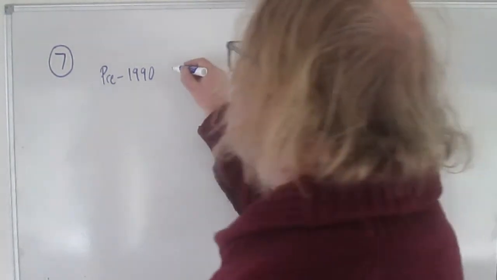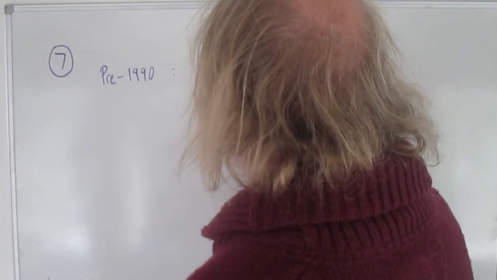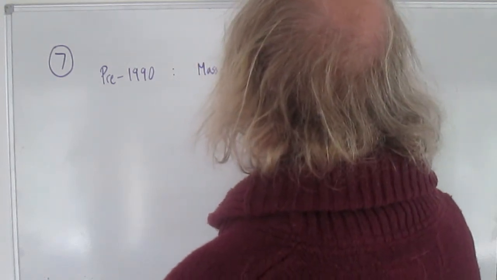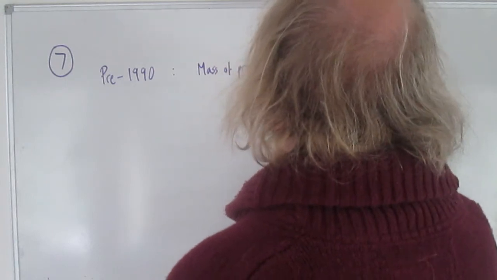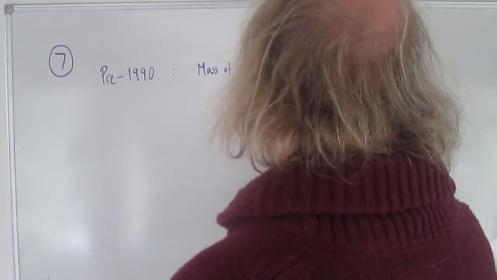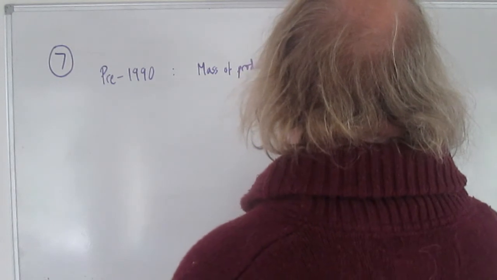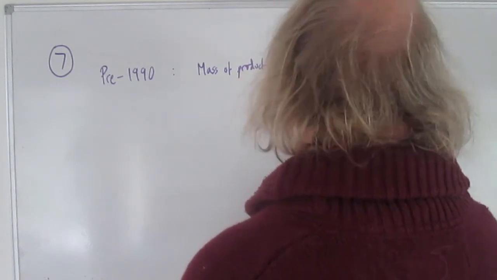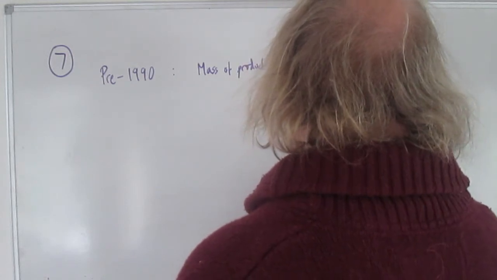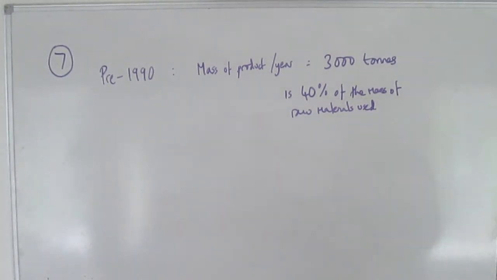So what that means is that the mass of product per year, which is 3,000 tons, is 40% of the mass of raw materials used. Okay, so that's putting in words what the atom economy means.